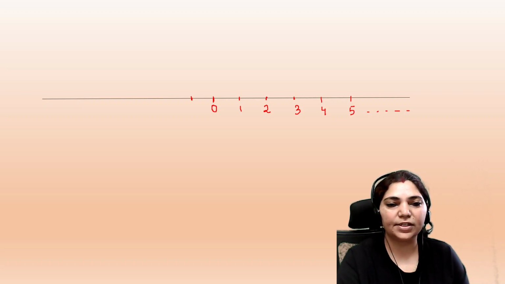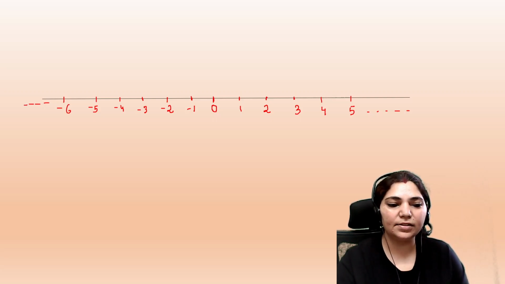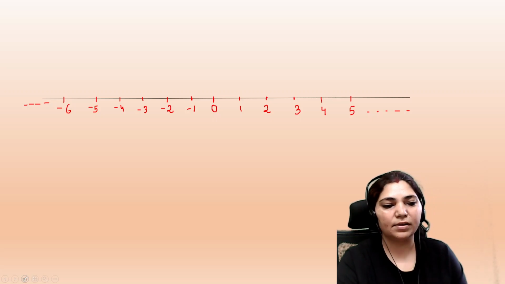Now look at the left hand side. The left hand side will have negative integers, and it will continue like this, -1, -2, -3, -4, -5, -6, and so on towards the left. So this is how we can represent integers on a number line, both positive and negative integers.